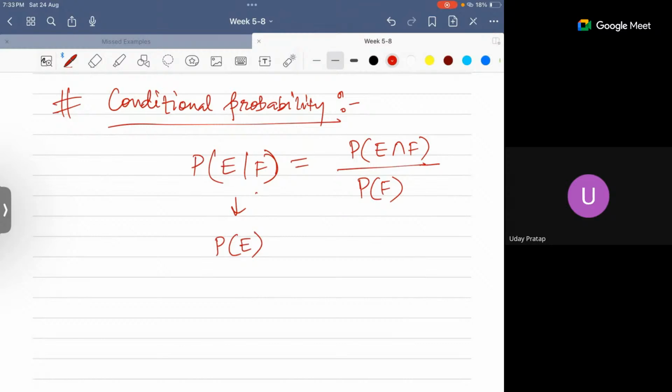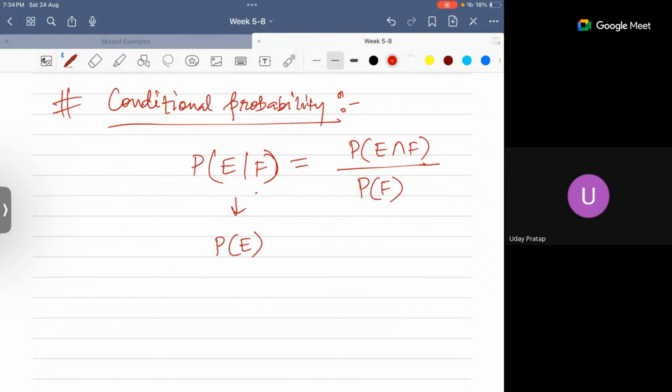So for an independent event, can you write this or not?